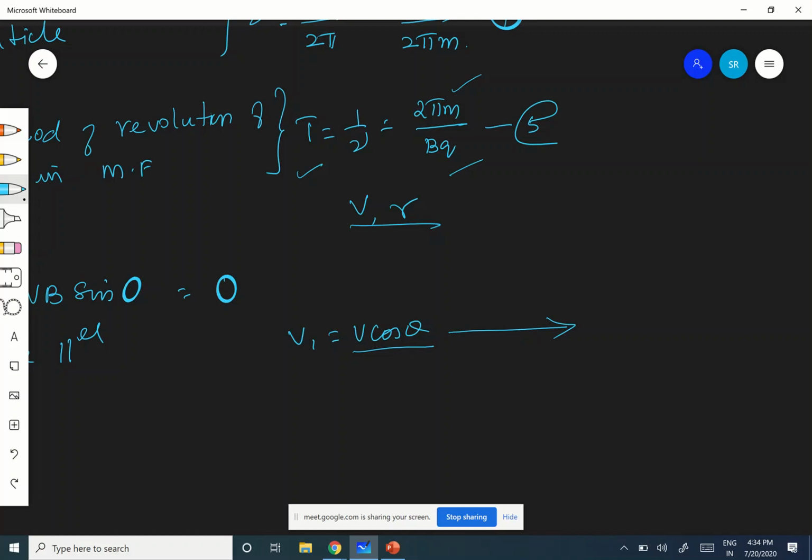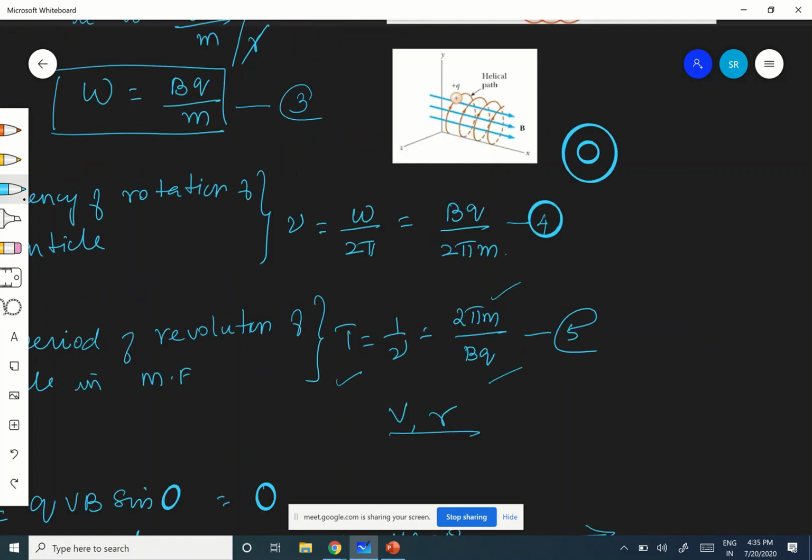Since V has both perpendicular as well as parallel components, it cannot just move in a circular path, nor just parallel to the magnetic field. Both should be combined.